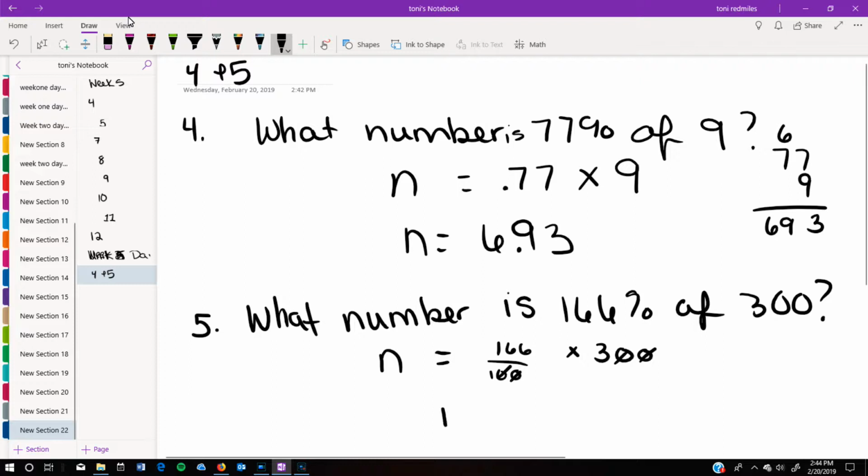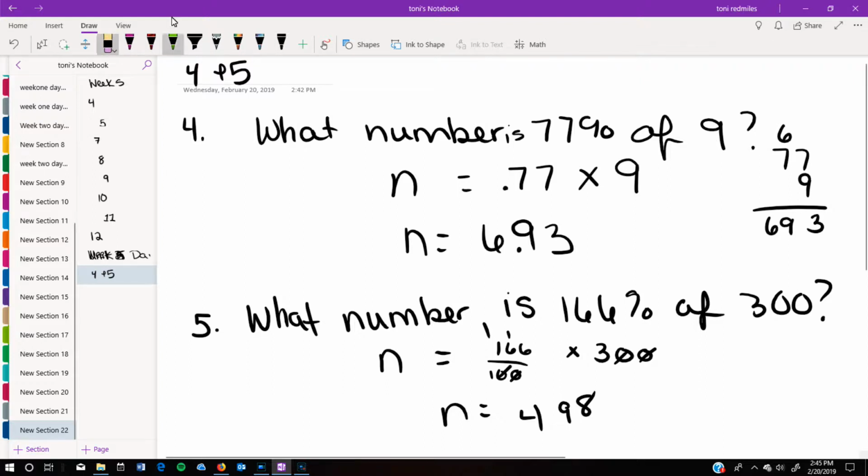So that is going to equal 498. And then I got to put in my decimal place. Okay. Wait, no, I don't have to. Oh, no, because I did a fraction.